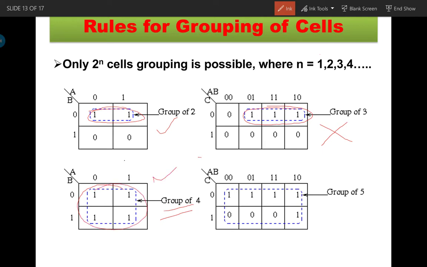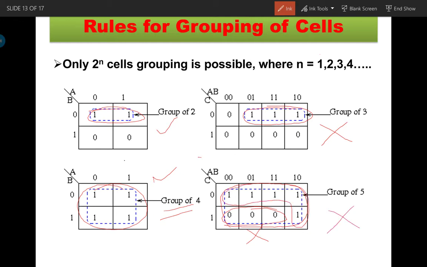All 4 are included in one group, so this is possible. In the fourth example, here 1, 2, 3, 4, 5 ones and 3 zeros are there, and it is shown a group of 5, or it has shown a group of 8, which includes 0. Okay, so in the last slide we have seen that including 0 in a group is not possible, or even grouping of 5 is not possible.